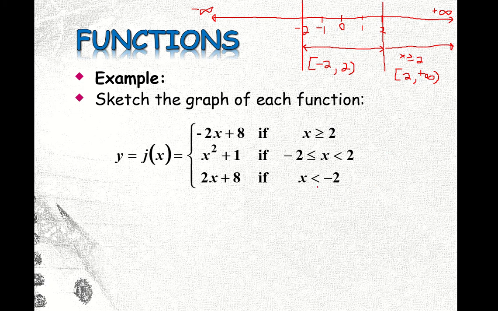And the other one is x less than -2. So in other words, all the values going to the left. So these are the values for the interval x less than -2.